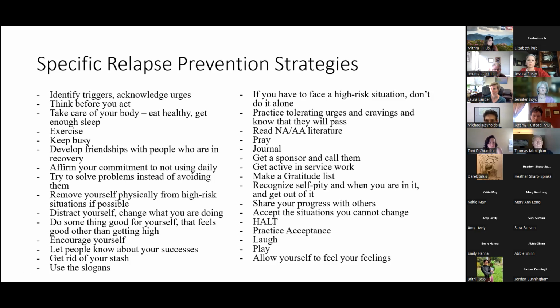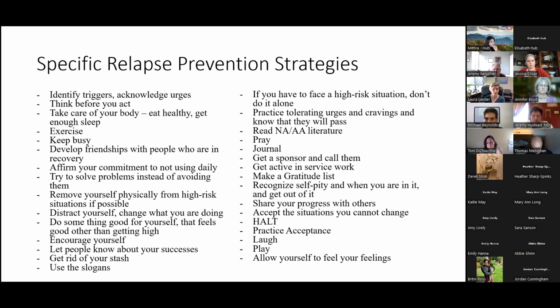One of my favorite ones that you may have heard of is HALT. HALT stands for hungry, angry, lonely, and tired. These are really vulnerabilities to relapse. If you are hungry, angry, lonely, or tired, those are all vulnerabilities in and of themselves. And if you have more than one, then your vulnerability is increased that much more.